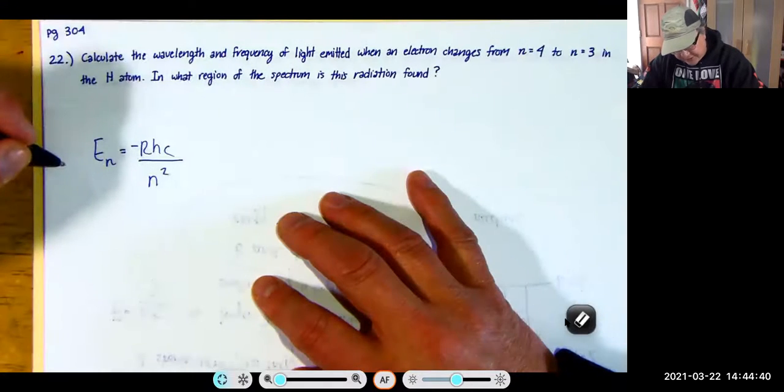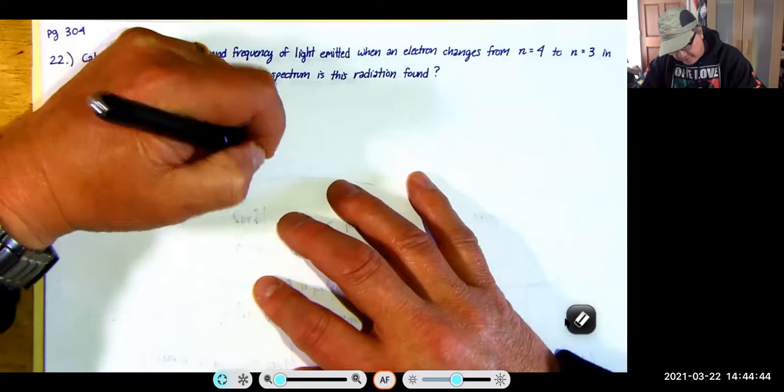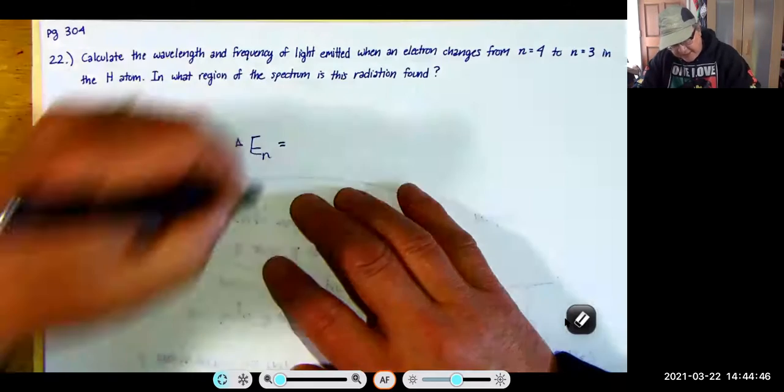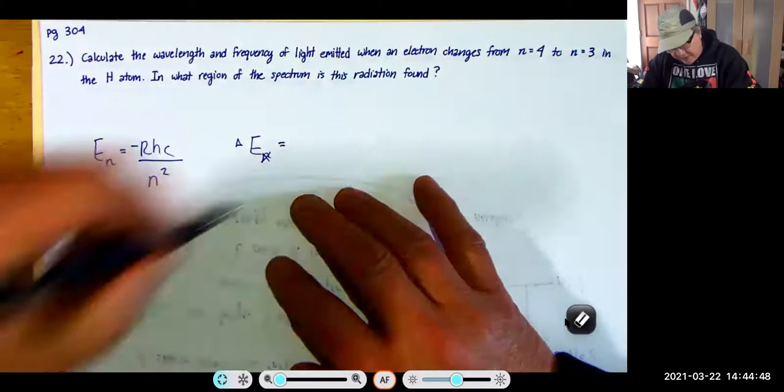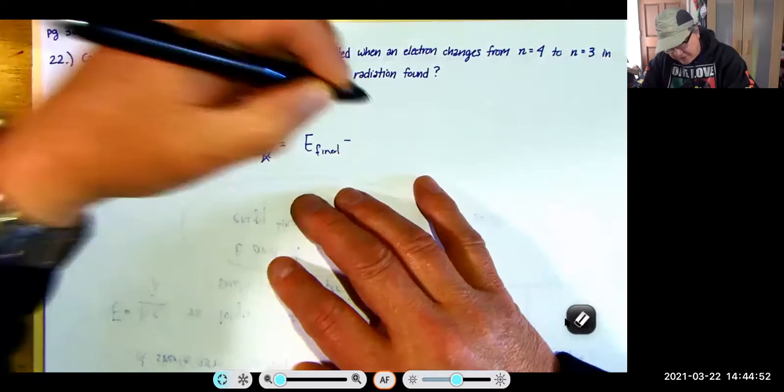We're going to do this, that the change in energy, we don't need the n here, is going to be the energy final minus the energy initial.